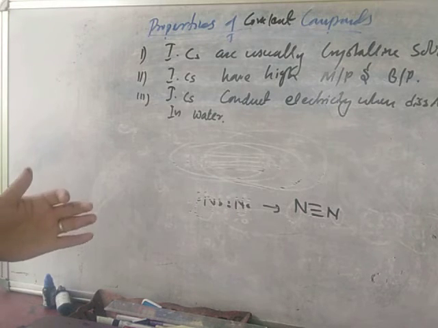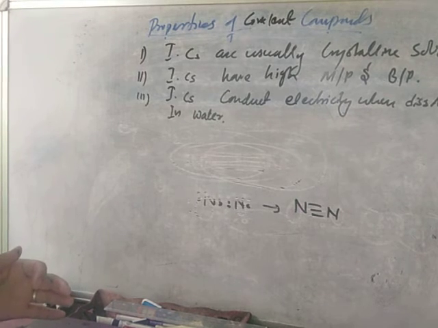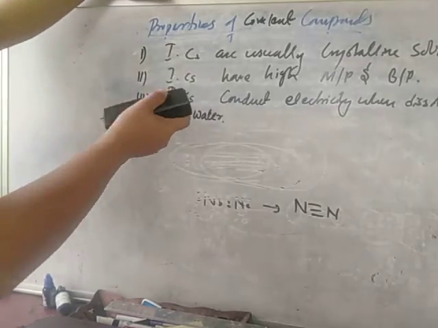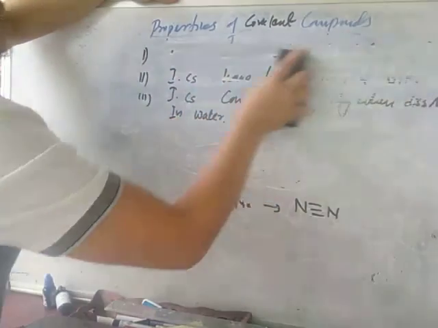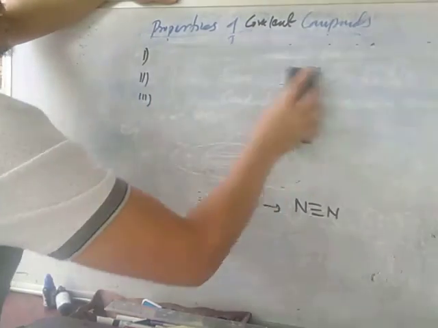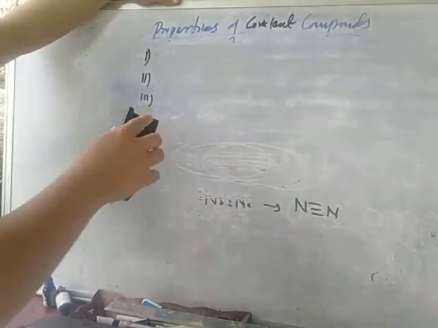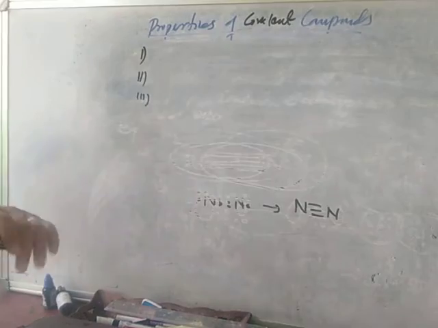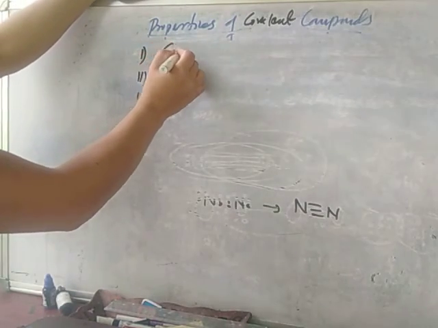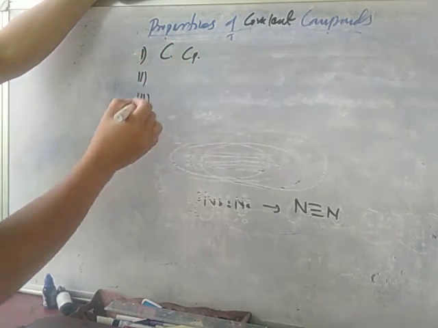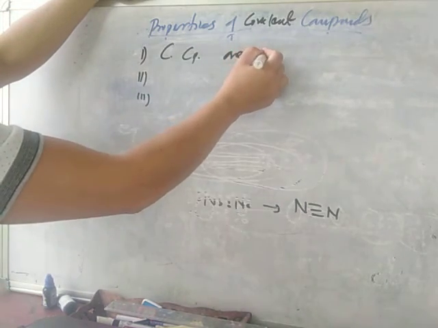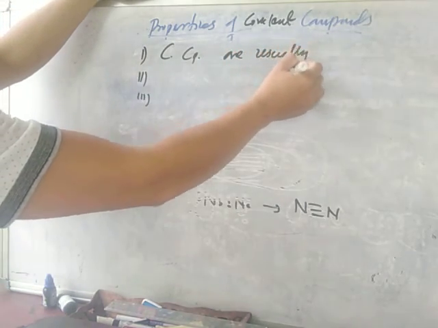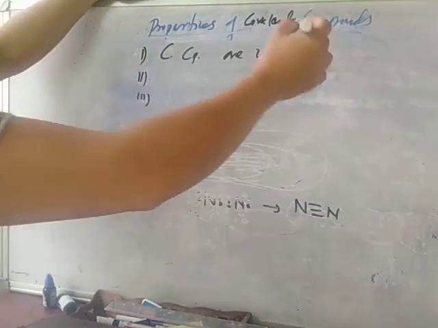So write down covalent compounds are usually liquid or gas.